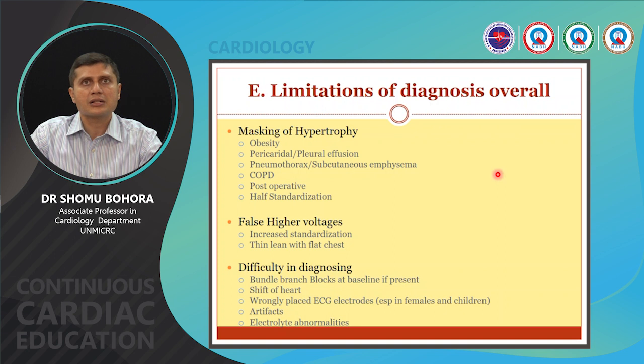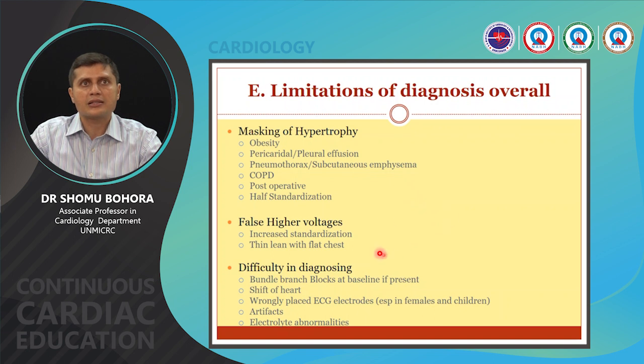So what are the limitations of diagnosis overall? There can be masking of hypertrophy because of obesity, pericardial effusion, pleural effusion, pneumothorax, subcutaneous emphysema, COPD, and post-operative patients. Many times half standardization of the ECG can cause a false ECG of normal voltages.